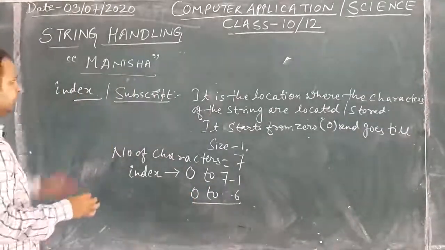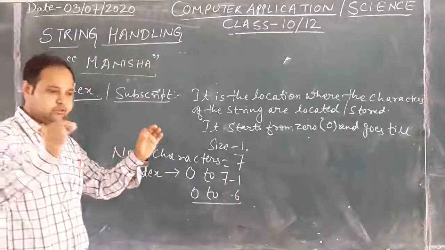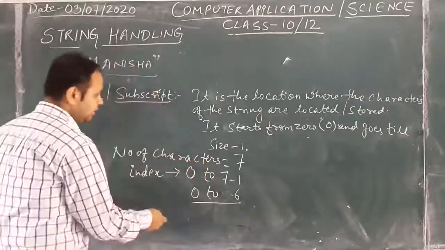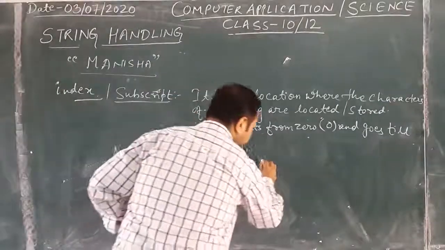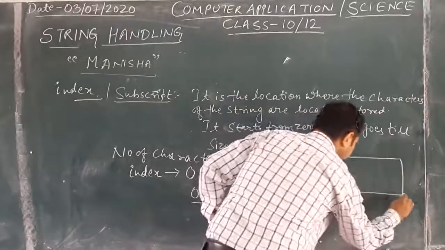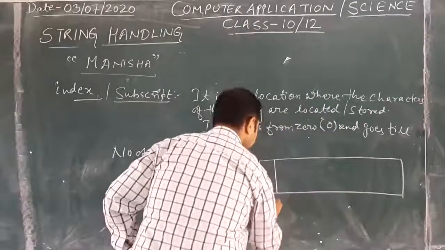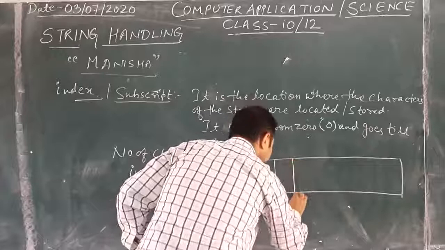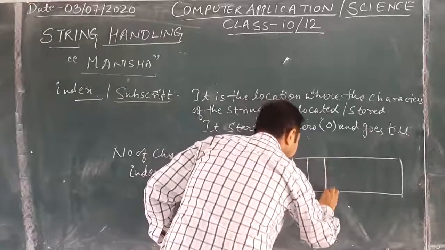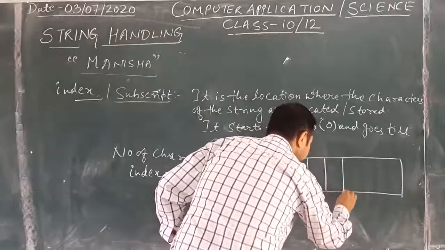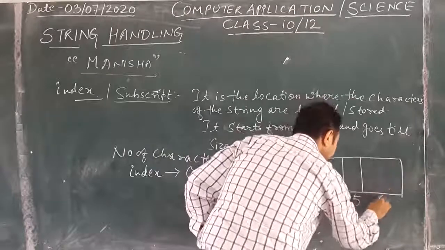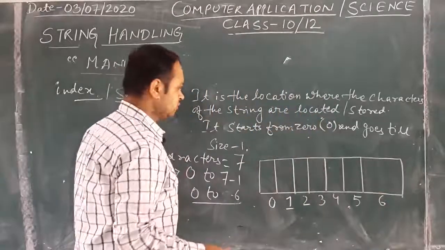Now how will it be stored? As we put the character from the keyboard, it goes and is located at the particular index. Now I show you by making a block of memory.